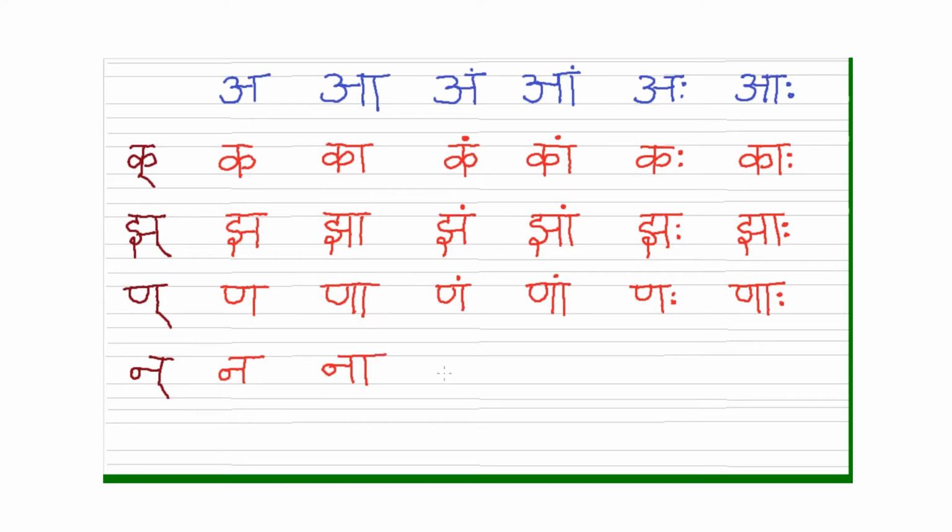Naa, nam, naam, naha, naaha. So we have ka, jha, na, na.